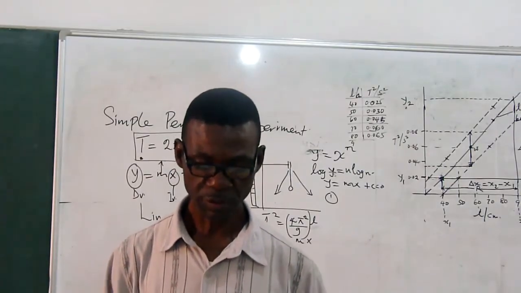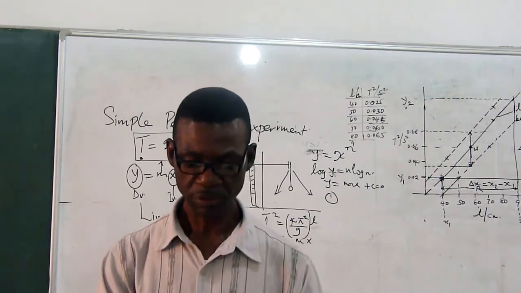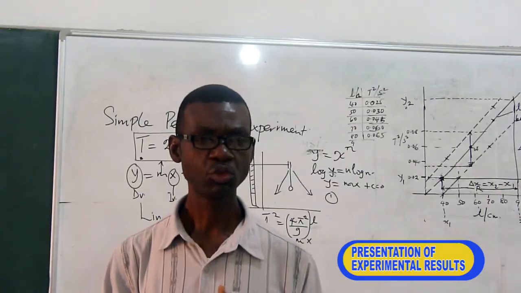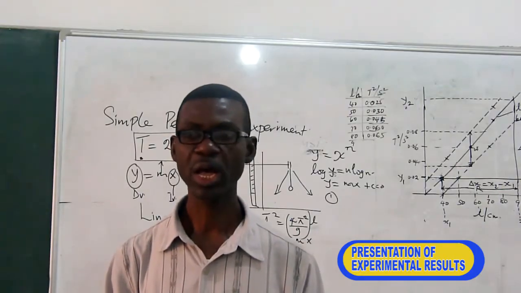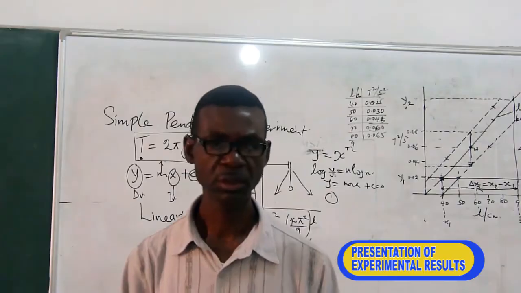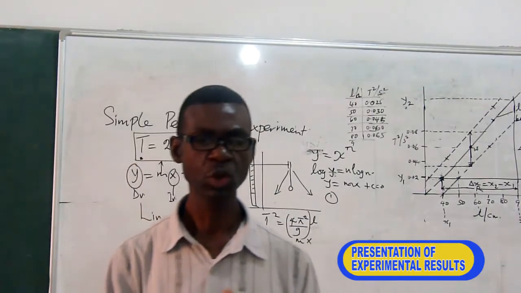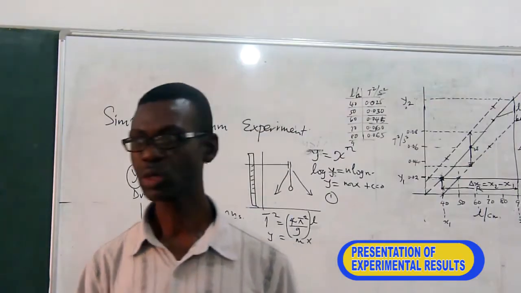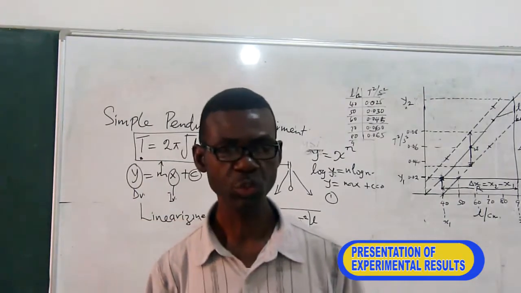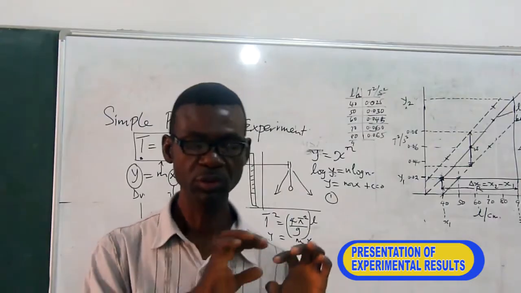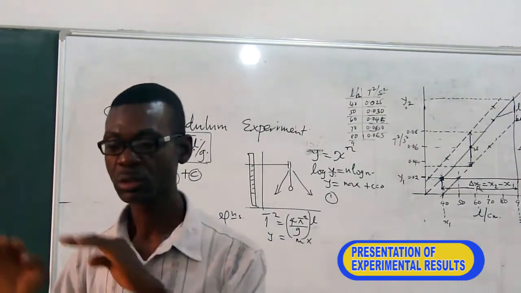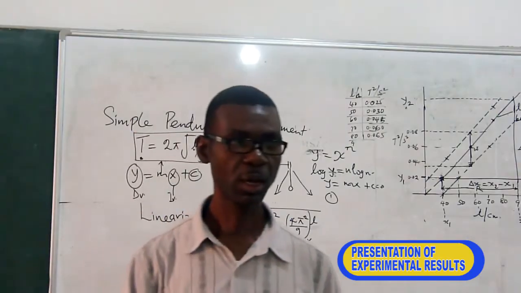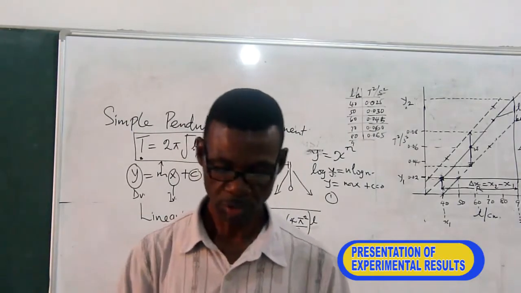In your result presentation, the result can be presented in two or three ways. Number one, we can ask you to tabulate. Most of the time, we tabulate. That is, all the measurements we take, we put them in a table. When you are tabulating, your table must be a straight table, not cut or segmented.